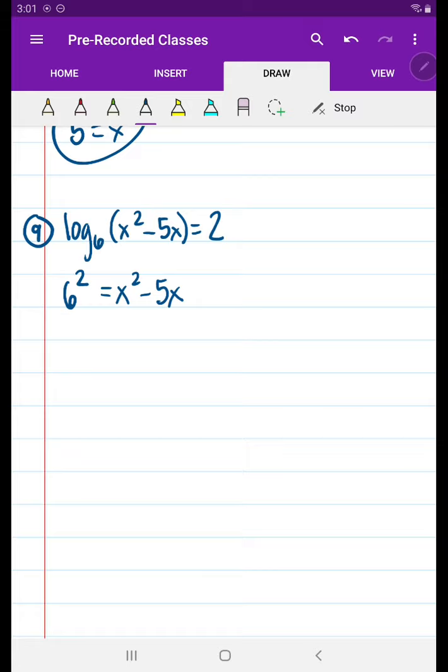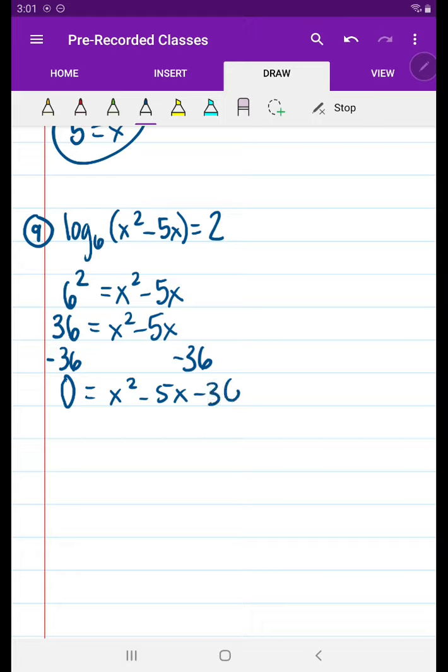This is a quadratic that I can solve. First off, though, I want to simplify some things. 6 squared will turn into 36, so 36 is x squared minus 5x. Then it would be really nice to subtract 36 from both sides. So then we have 0 is x squared minus 5x minus 36.